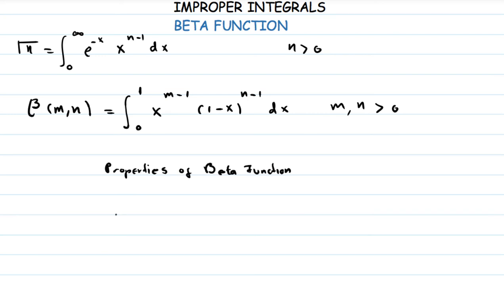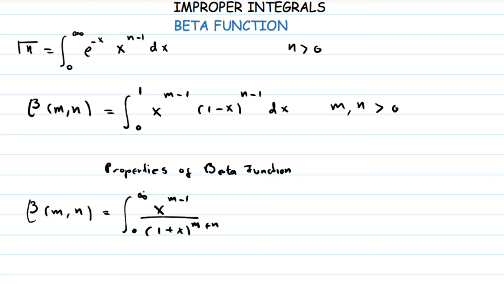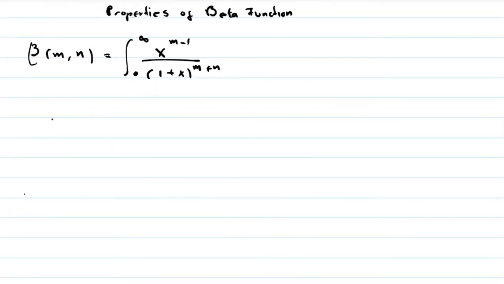The first property is that beta of m, n is equal to the integration from 0 to infinity of x raised to m minus 1 divided by 1 plus x raised to m plus n. So this is our first property, which can be used when you're going to solve problems involving the beta function. We can call this property number 1.